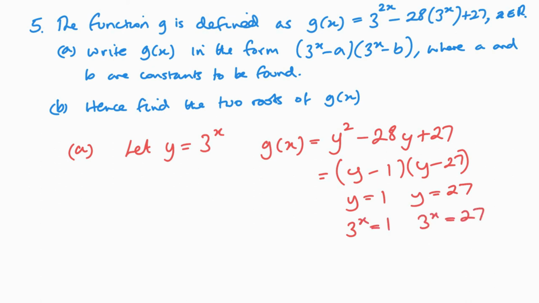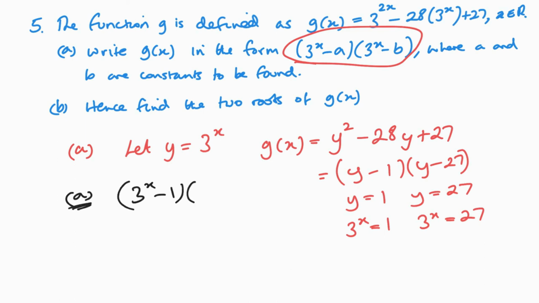Now this is actually me solving it all the way to part b, but we did have to leave it in this form for part a. So for a, my final answer would be 3 to the x minus 1 and 3 to the x minus 27.